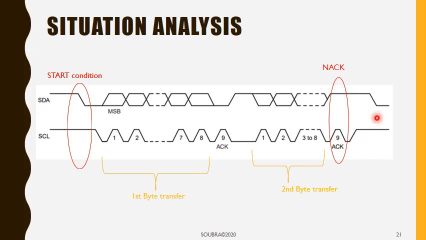And the last thing is another start condition, and in this case, when I have no stop between the two starts, this is what we call a repeated start. So this is classical, we're good. This one has been received, this one apparently not, and the master decided to restart the transmission.